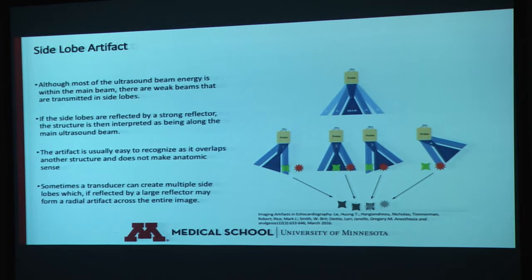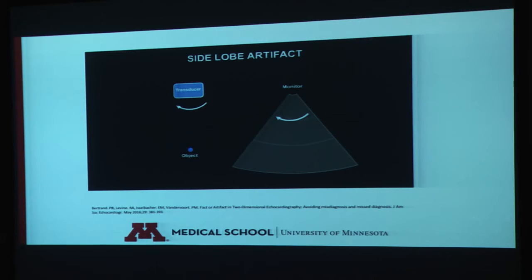So if you have a large reflector, in this case, you may end up having something that's a radial arc all the way across the image, as we'll see here in this animation. So here you see the situation where the main beam is scanning along, and you end up having multiple images, even though you have only one structure.